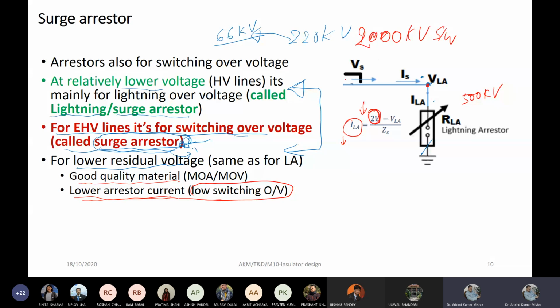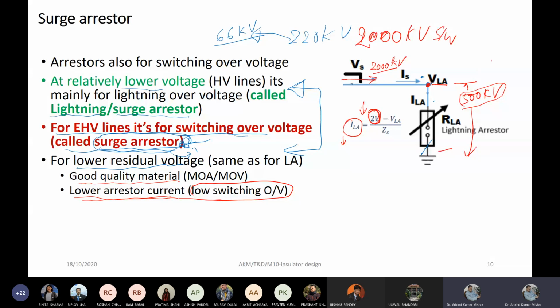Suppose in a particular system the switching over voltage is 2000 kilovolt, right? And you think, okay, I have considered a surge arrestor which will start conducting at 500 kilovolt of impulse voltage. Then even if it is 2000 kilovolt or 4000 kilovolt, this voltage will be 500 kilovolt and we can design the insulation level for 500 kilovolt.